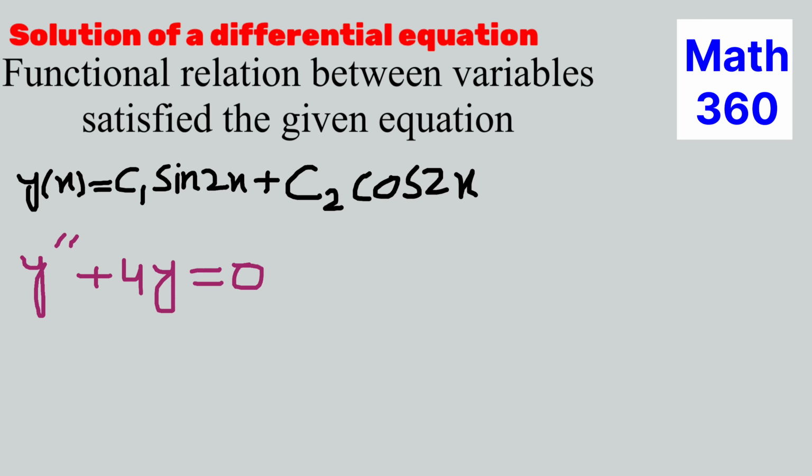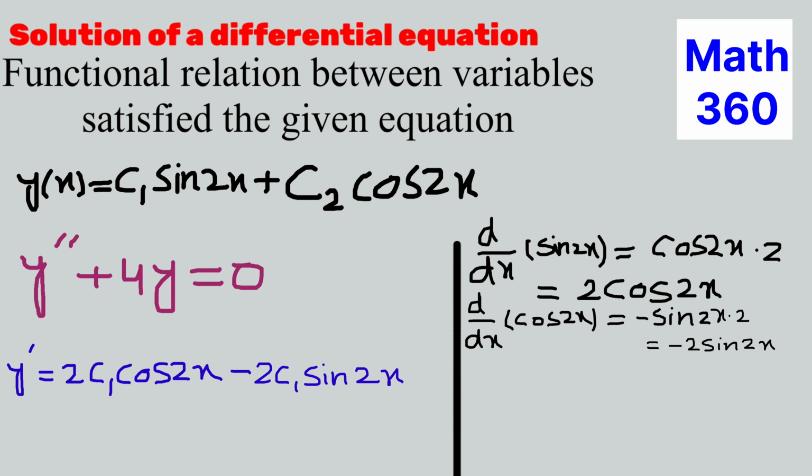Differentiate y with respect to x. y prime is equal to 2c1 cos 2x minus 2c2 sine 2x, and again differentiating, y double prime is equal to minus 4c1 sine 2x minus 4c2 cos 2x.